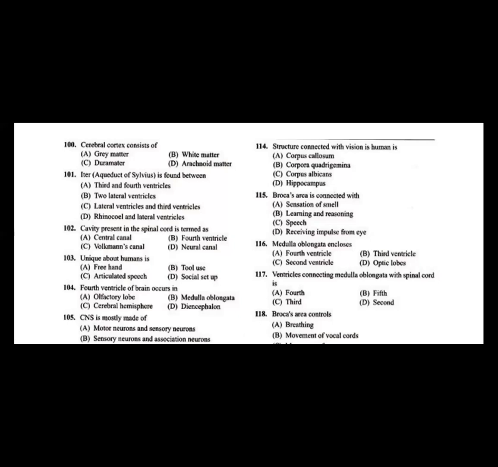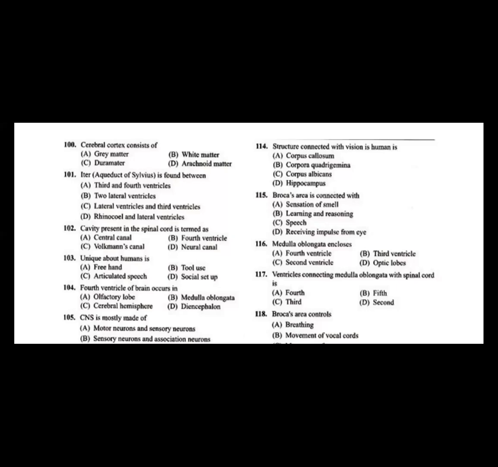Question number 102. The cavity present in the spinal cord is termed as, the spinal cord has a cavity. This cavity is called the neural canal, through which many nerves pass. So for question number 102, the cavity present in the spinal cord is termed the neural canal. D is the answer, students.